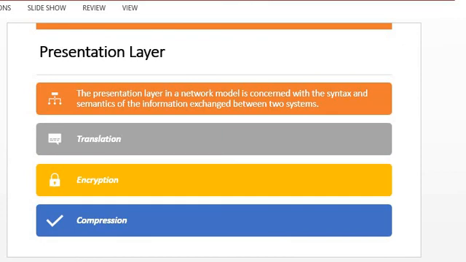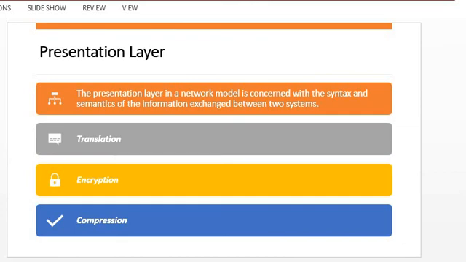So if two systems are exchanging information in the form of characters, strings, etc., they might be communicating using different bit strings. And this needs to be translated into a common bit stream.